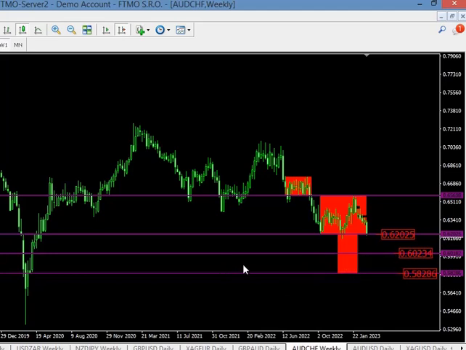Are there confluences? Of course, price has been tested before. This is an area of interest. It has been tested over here. Over 3 weeks.